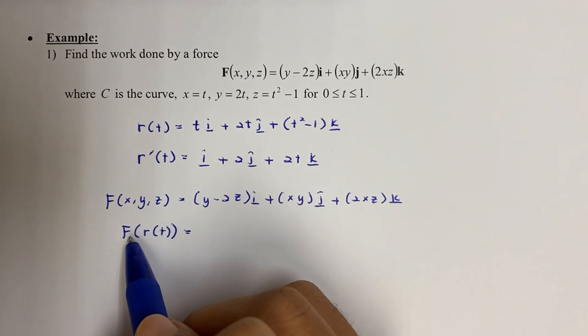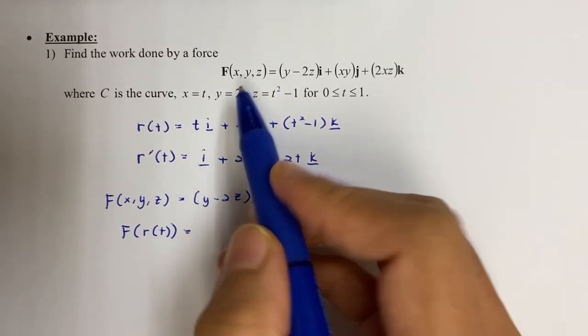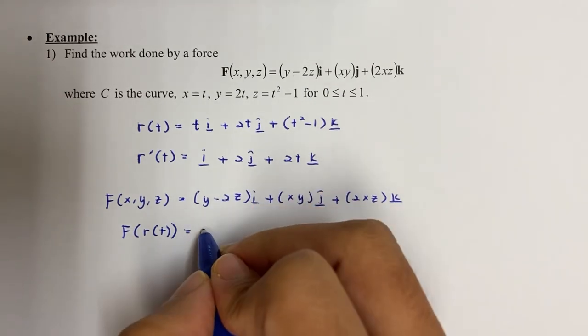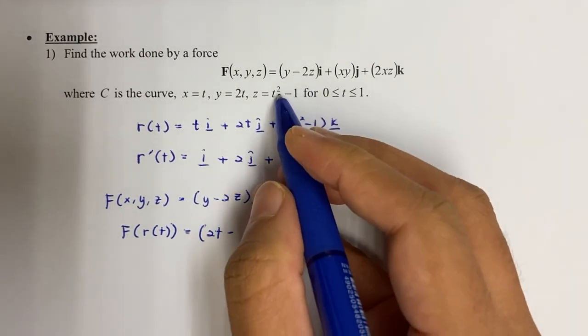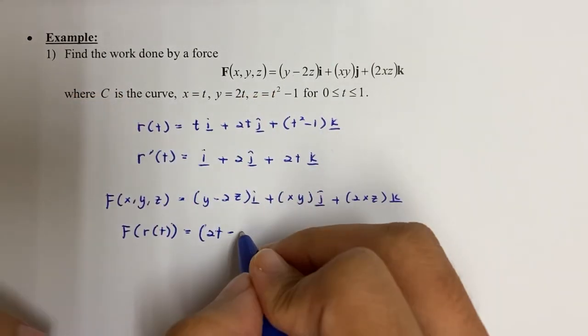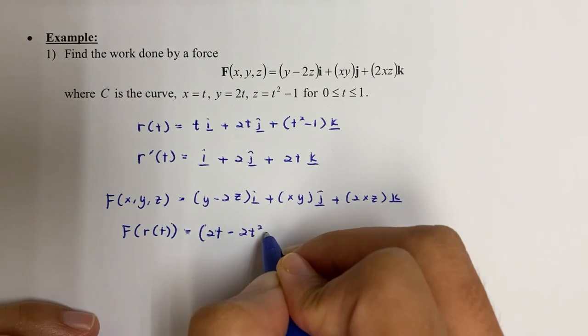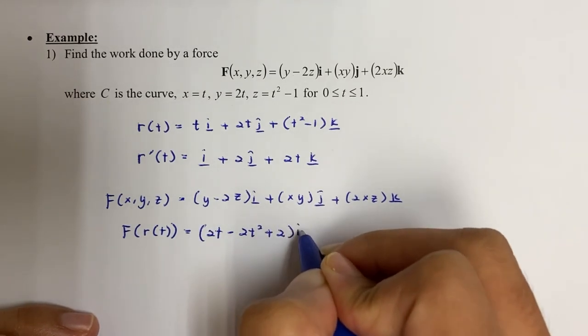To find F(r(t)), substitute your y with t. So y is 2t minus z is t squared minus 1. So 2 multiplied by t squared, so minus t squared plus 2, i.